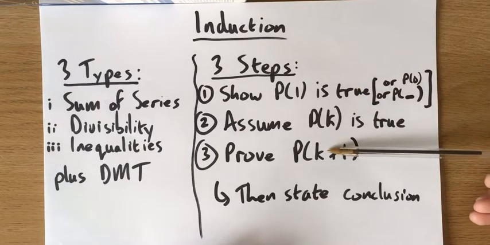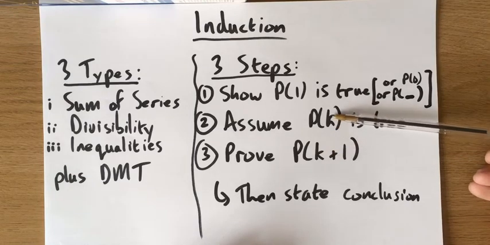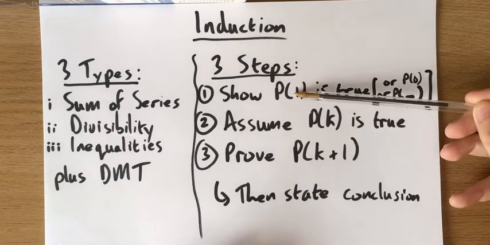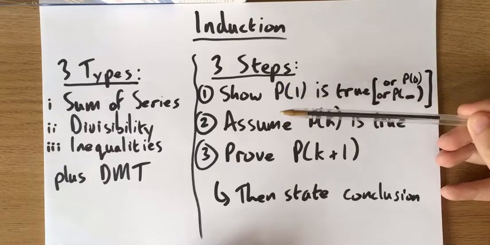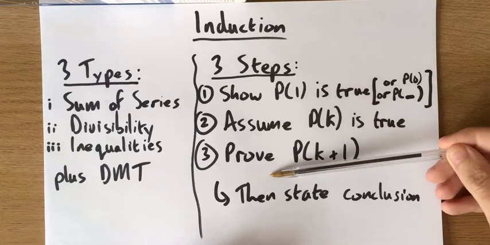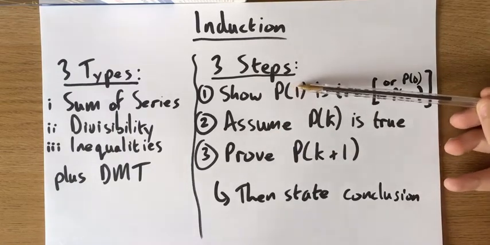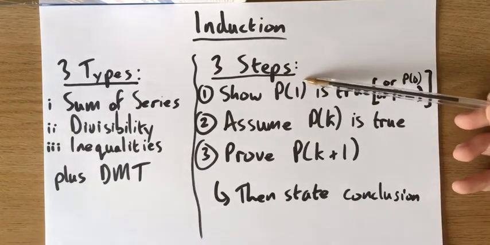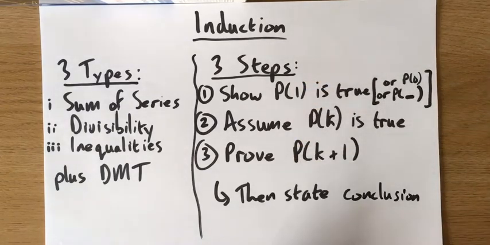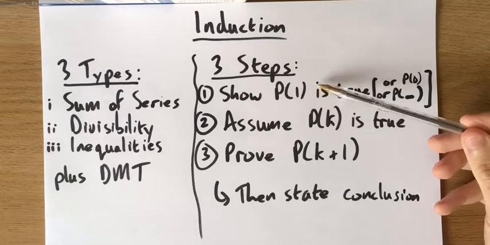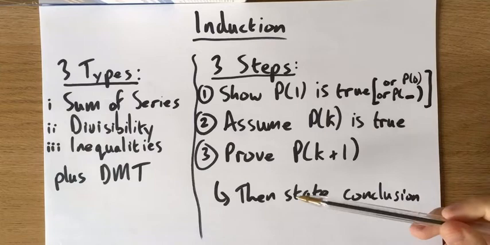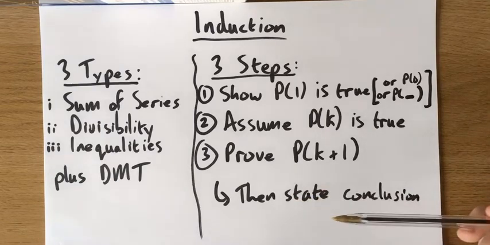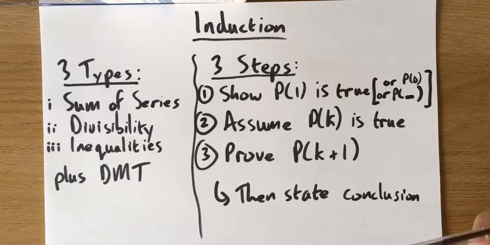So you're showing that any step is true if the previous step is true, and then because you've shown the first step is true, that must mean the second one's true, because the second one's true, the third one's true, because the third one's true, the fourth one is true. So this is like the first domino that you're knocking over. And then these two are showing that all the dominoes are close enough to knock each other over. And because you've knocked the first one down, they will all then follow. Once you've done those three steps, you'll state a conclusion, just that Pn is true. So abstractly, it is true.